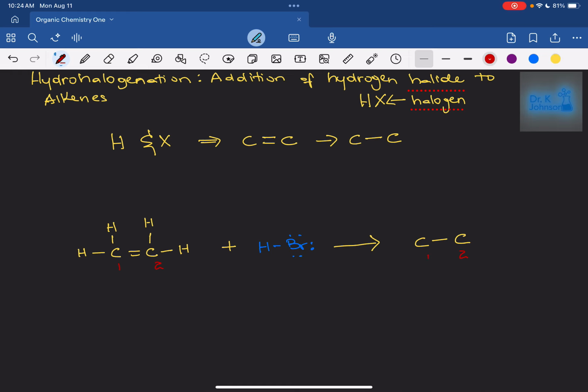So carbon number 1 had 2 hydrogens. Let's put them back. Carbon 1 had 2 hydrogens. Let's put them back. Now, we need to add our hydrogen bromide. Now, in this particular example, it doesn't matter which carbon you put your hydrogen and your bromine on.